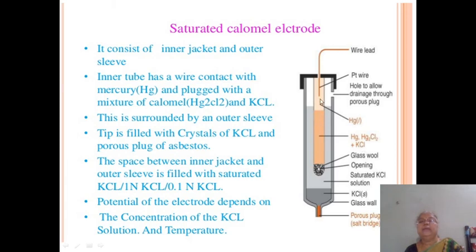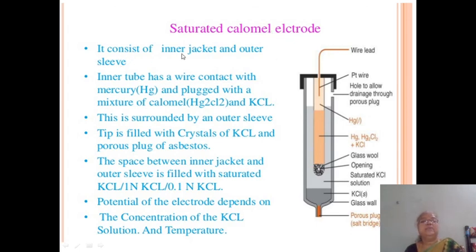Here it is liquid mercury and this one is the platinum wire, and here is a hole to allow drainage through the porous plug, and here is a glass wool opening. Here is a saturated KCl solution and here is solid KCl, and this one is a glass tube, and at the tip there is a porous plug. This is the construction of the saturated calomel electrode.